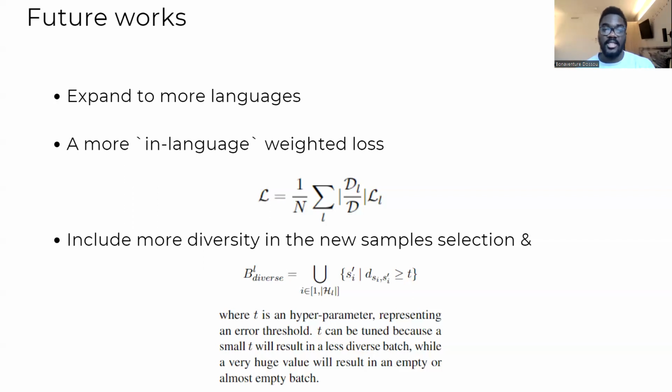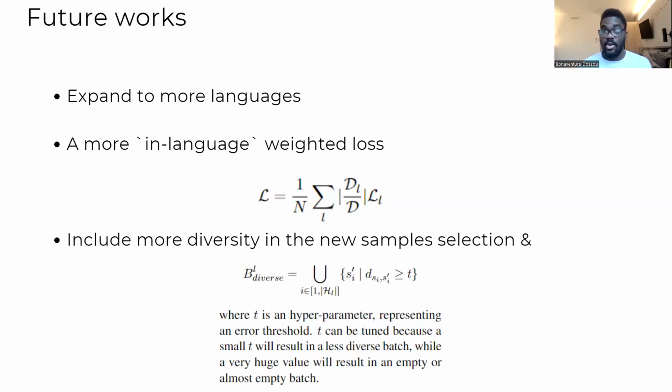Technically, d of x and x prime will be the word error rate. We are planning to use the word error rate, which in the context of ASR, for instance, would be the lower the better. But here we want it to be large. Or we can also use the BLEU score between the generated sentence and the initial sentence to see how different they are.